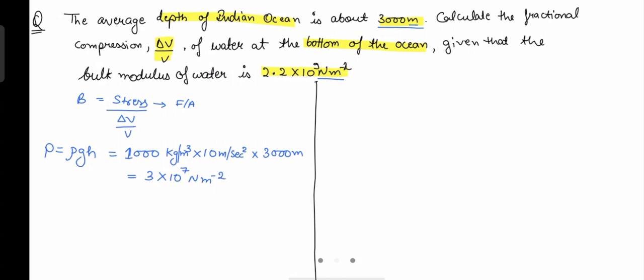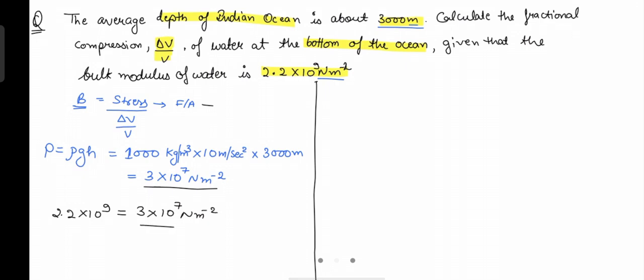Now let's come back to the formula: B is equal to stress upon strain. The bulk modulus of the water is already given, that is 2.2 multiplied by 10 power 9. What about the stress? The stress is just this pressure, force upon area, and this value is 3 multiplied by 10 power 7 Newton per meter square.